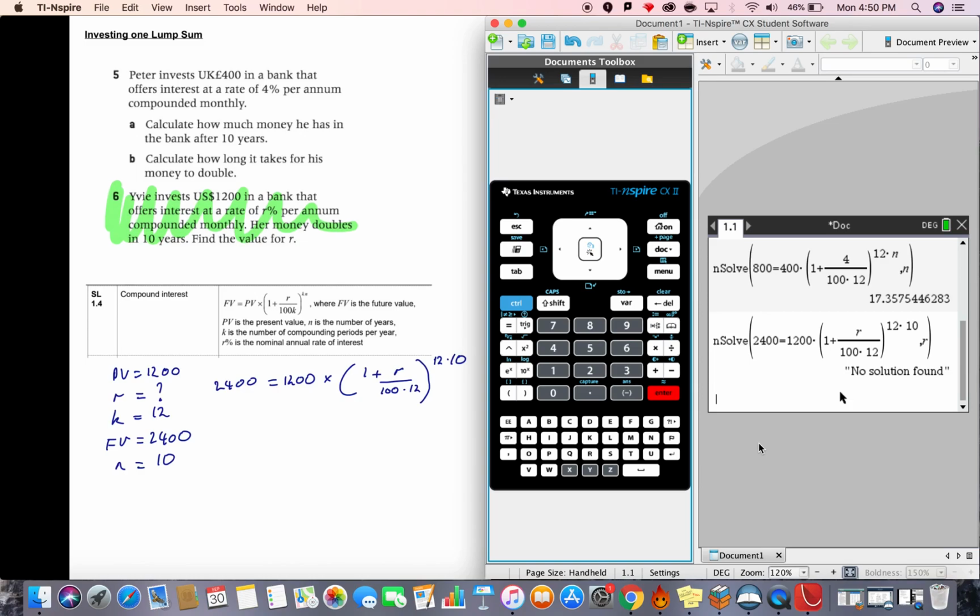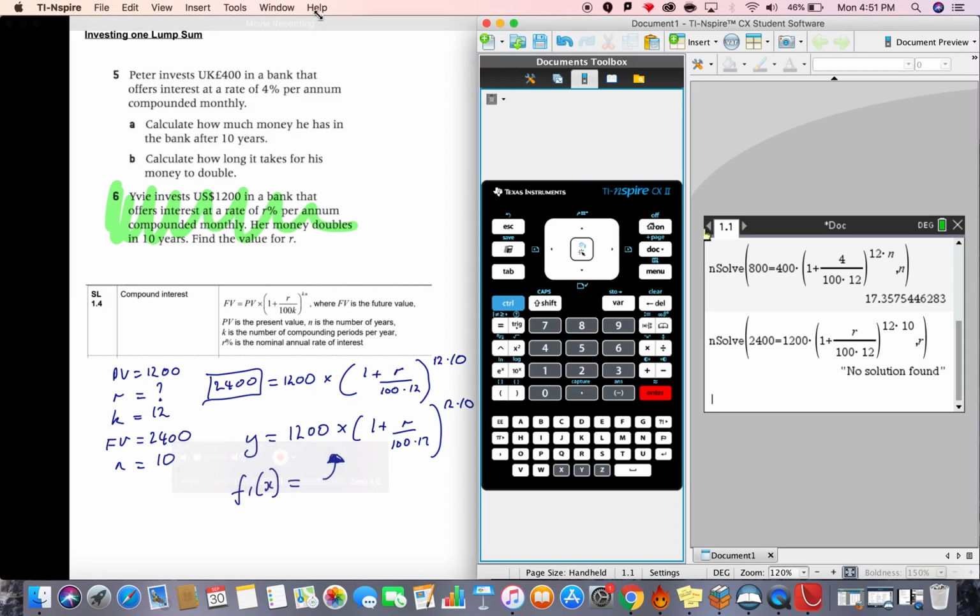So y equals 1200 times 1 plus R over 100 times 12, to the power of 12 times 10, and y is f1 of x equals all of this. If I type that in as a graph, then I have to find for which value of R I will get a y value of 2400. The best thing is to illustrate it on a graph.